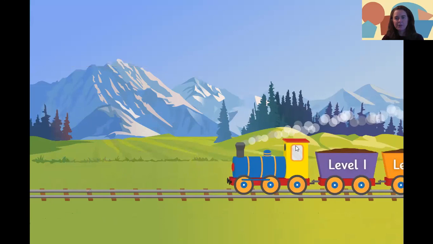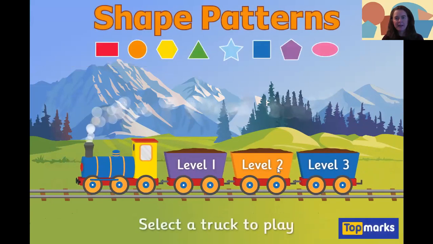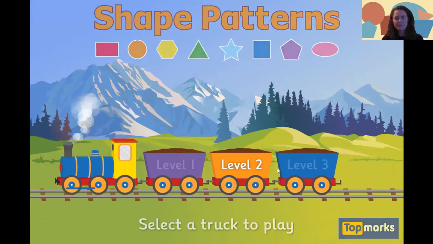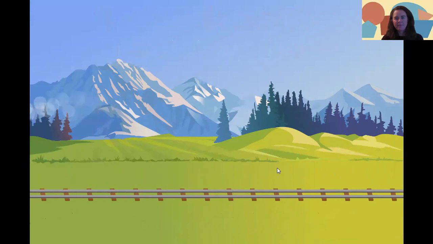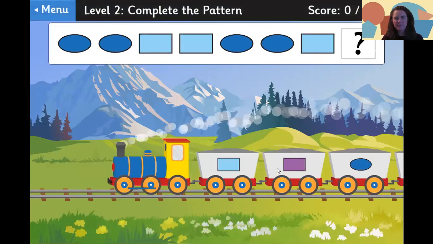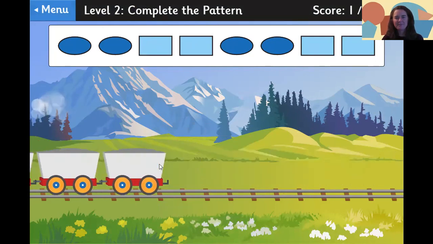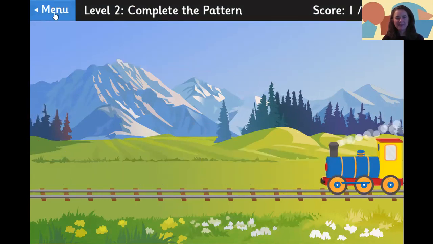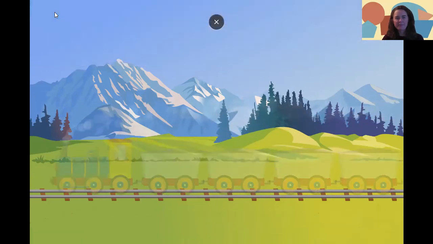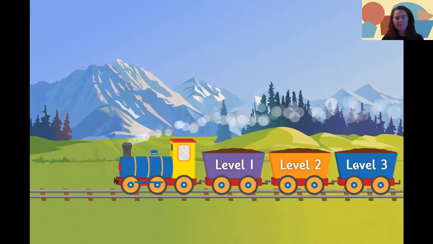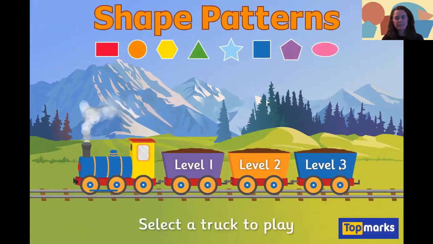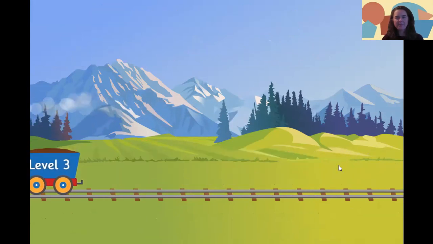Level 2, more complicated patterns. So what would come next? We've got 2 ovals, 2 rectangles, 2 ovals. What would come next? You're right, it is a rectangle. And let's look at level 3.